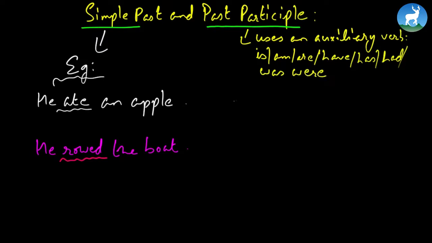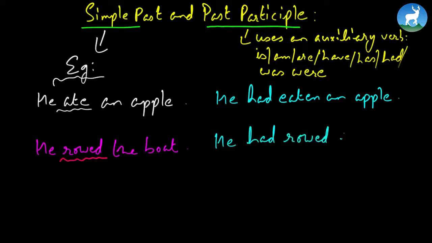So, for the same example, he ate an apple is simple past. It stands on its own. The verb does not need any supporting verb like an auxiliary verb or modal verb. On the other hand, in past participle, he ate an apple becomes he had eaten an apple, and he had rowed the boat. This becomes past participle.